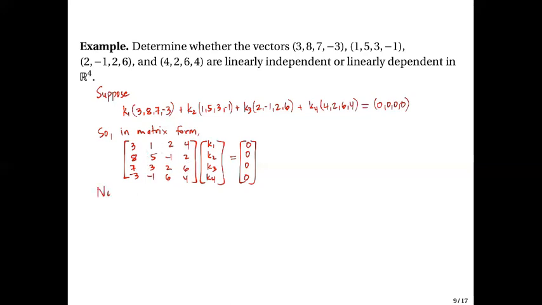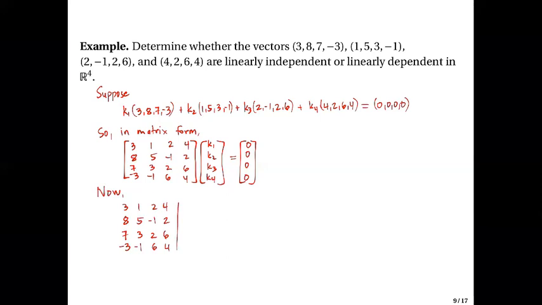Now, we want to get the determinant. So this will have a long solution. The matrix is 3, 1, 2, 4; 8, 5, negative 1, 2; 7, 3, 2, 6; and negative 3, negative 1, 6, 4.